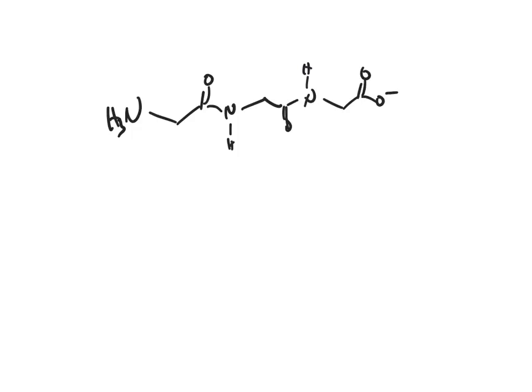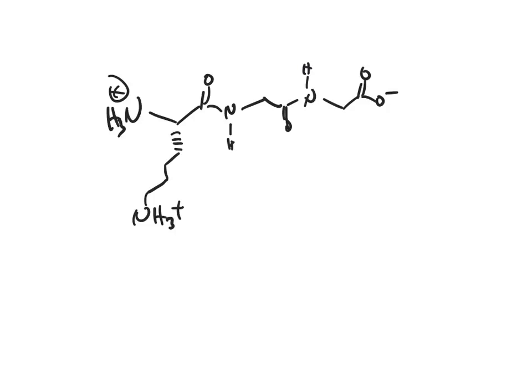So I'm going to do one with a lysine on it. Sorry, drawing these as fast as I can. Let's put a lysine here. 1, 2, 3, 4. 1, 2, 3, 4. NH3.